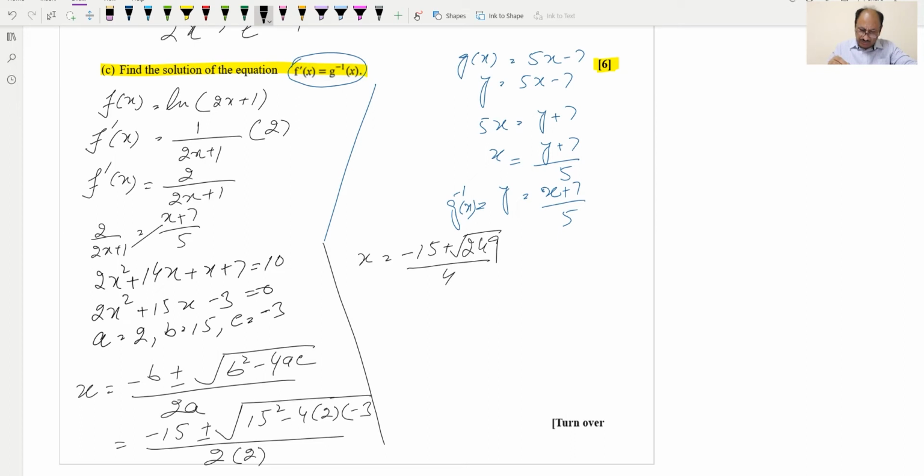So this will be a plus value, and there will be a negative value also. The second value will be minus 15 minus root 249 over 4. These will be the two values.